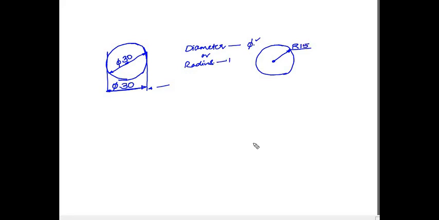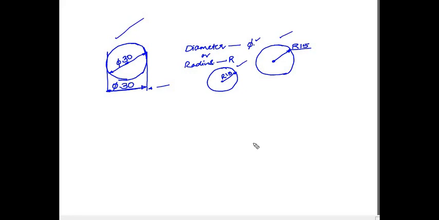So radius is always indicated by capital R. Or else you can take another circle, and simply directly on the dimension line itself I can write R15. That is one way of doing it. So different ways we can dimension a circle, all are correct.